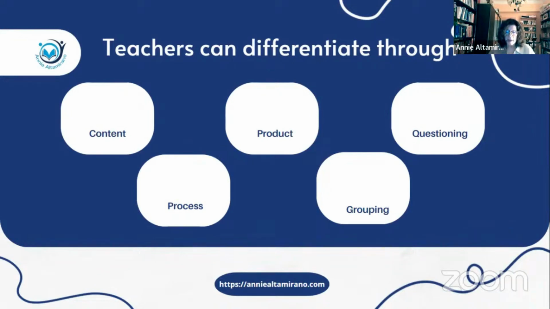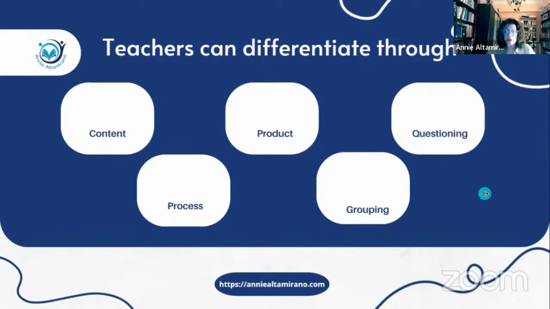Now, instruction is at the core of differentiation because the ultimate goal of differentiation is to make sure each student has the best possible learning experience in order to maximize growth. So achieving this depends on effective instructional practices, an effective curriculum, effective assessment, classroom leadership, and management.